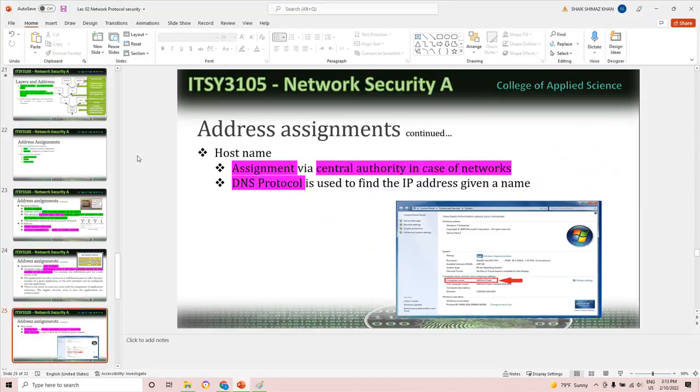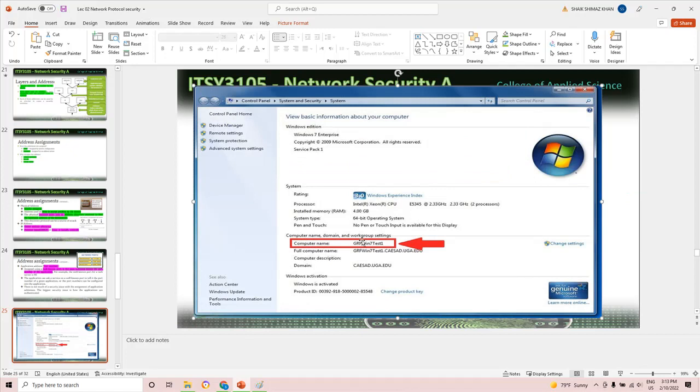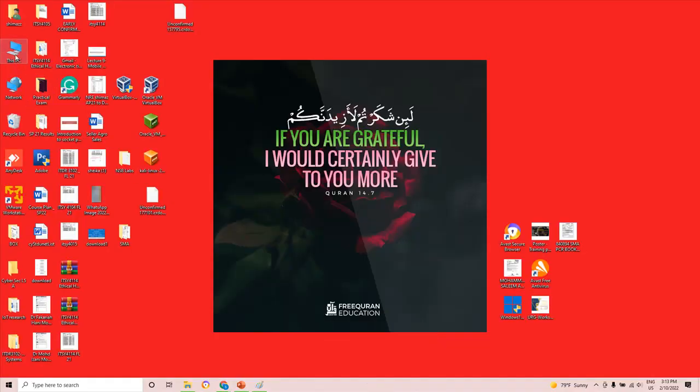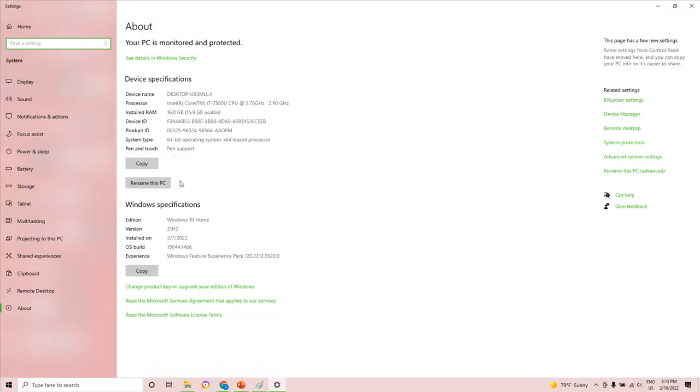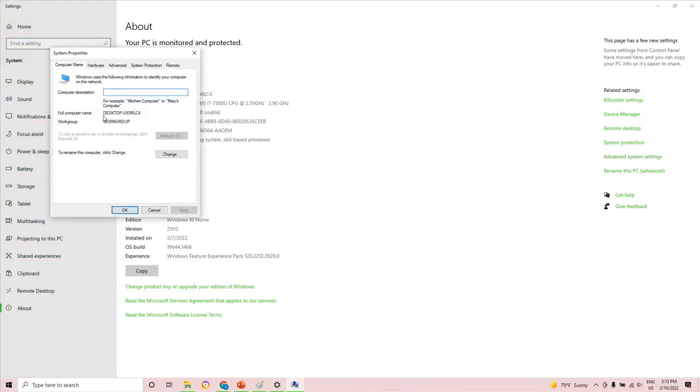So once again, another very important thing which you have to know is, each and every computer has a name, computer name. Clear? For example, you can see the computer name, desktop.